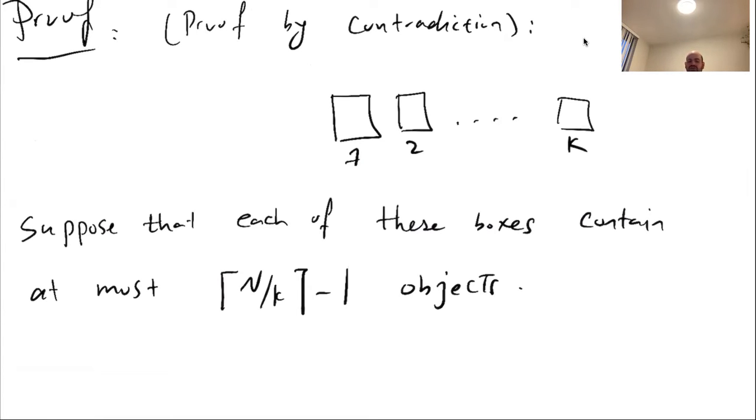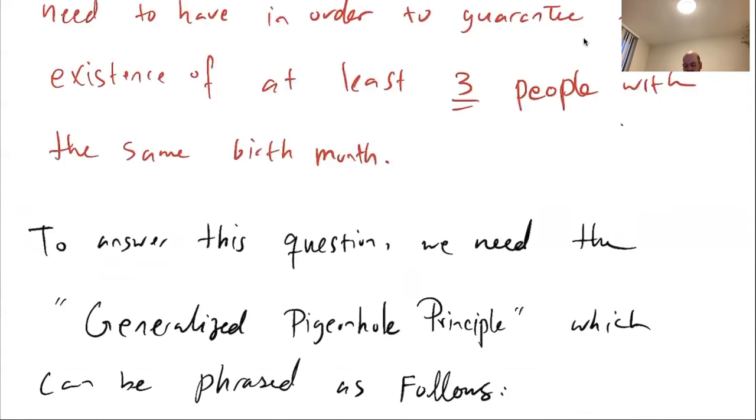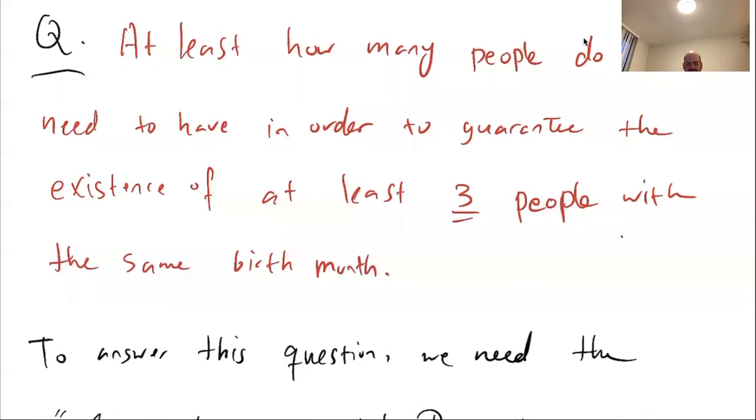And where is this ceiling n over k coming from? I try to basically justify or motivate it. I didn't prove anything, but I just try to motivate where this number ceiling n over k is coming from, because in the case that we had 3 people, we want to have at least 3 people.